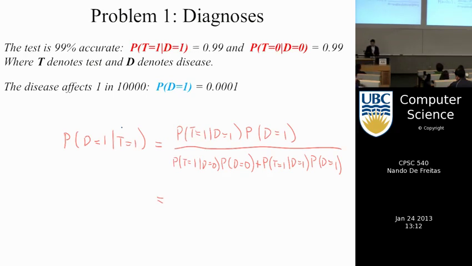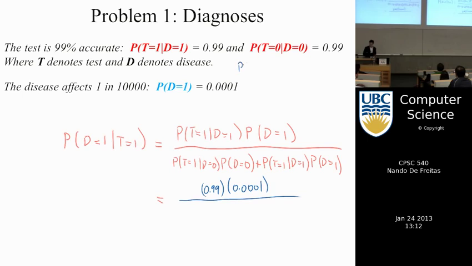Then it's just a question of plugging in numbers. This is just 0.99 times the probability of you having the disease, 0.0001. If anyone has a calculator, this would be a good time to get it out, because I will need some help.